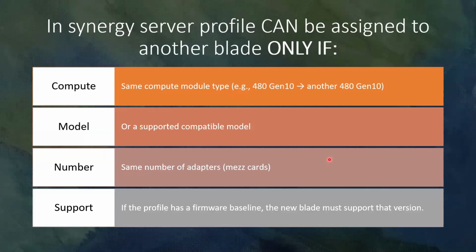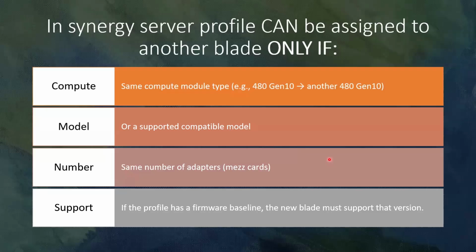Then, if the profile has a firmware baseline, that should meet the compatibility requirements, and the firmware baseline can be updated to a newer one as well. What they're saying here is, I have blade one running the latest firmware.